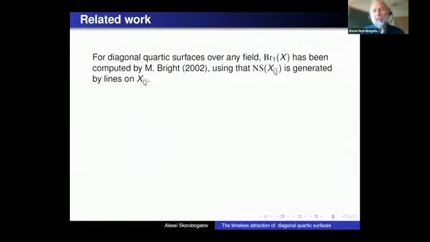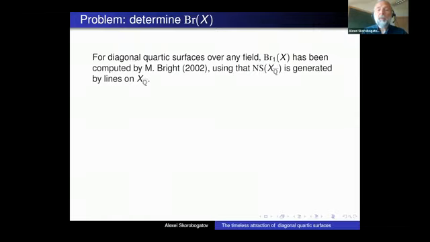Now, in the rest of this talk, I will concentrate on the question of calculating the Brauer group for diagonal quartic surfaces, and more generally for more general diagonal surfaces. Peter was interested in this, and when Martin Bright was his PhD student, he was given the task of calculating the algebraic Brauer group of diagonal quartics.